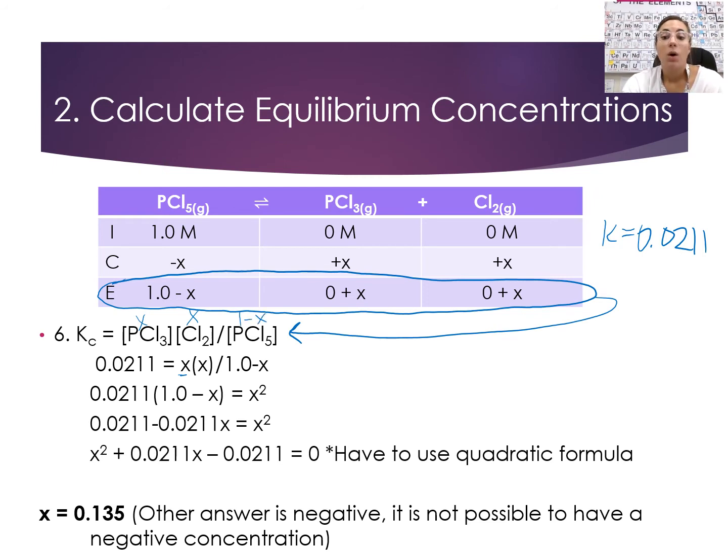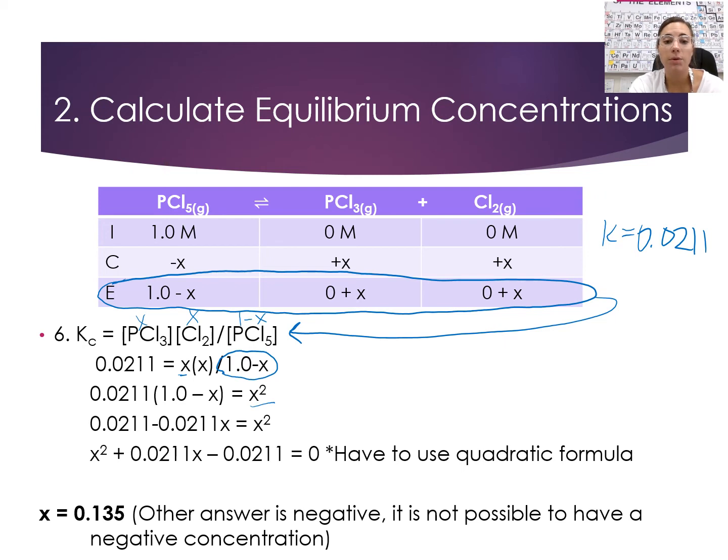Guys, we are bringing back some serious algebra. So we need to simplify this. x times x is, of course, x squared. Then I'm going to take 1 minus x and multiply it on the other side.